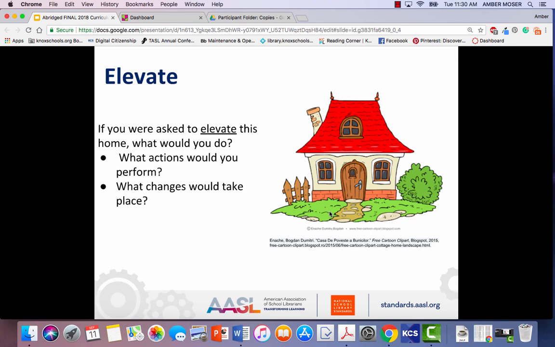I might add something to the bottom, maybe a basement. If I'm thinking of elevating it in an aesthetic way, maybe I might paint it, maybe I might add some landscaping. But if I were to elevate this house, a lot of the features of the house would remain the same, but something additional would be added to it.